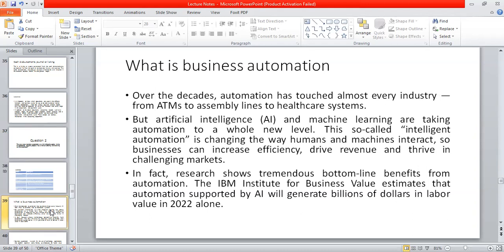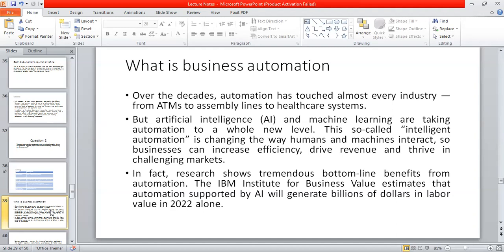What is business automation? Over the decades, automation has touched most every industry. So almost every organization in any industry has some sort of business automation. And in recent years, the coming of artificial intelligence and machine learning is taking automation to another level.